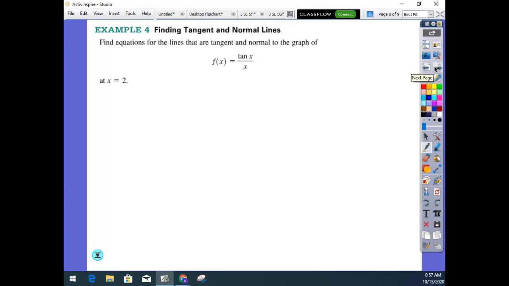Okay, finding the tangent and normal lines. Whenever you find an equation, your brain should think point, slope.